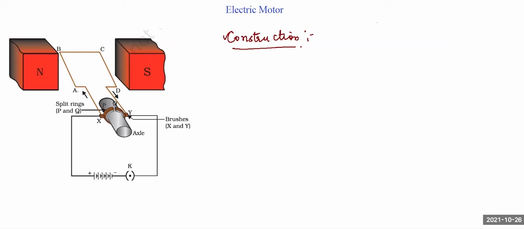And the coil is placed in such a way that the coil is perpendicular to the direction of the field. In this figure, the direction of the field is from north to south.